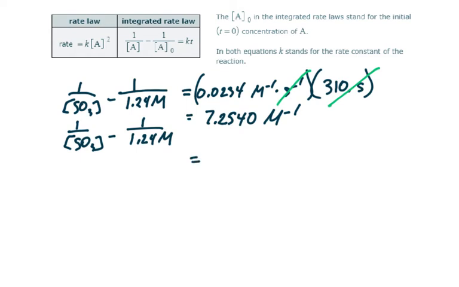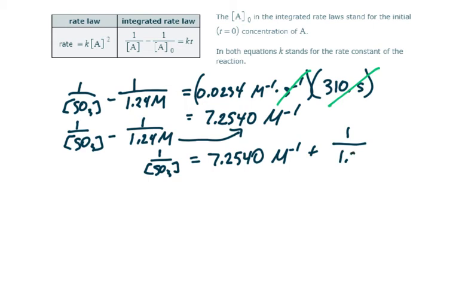Next step is to bring this to this side, is equal to 7.254 plus 1 over 1.24 molar.